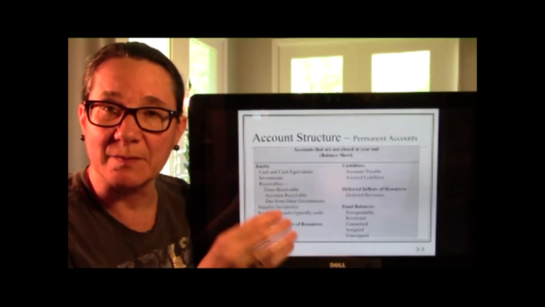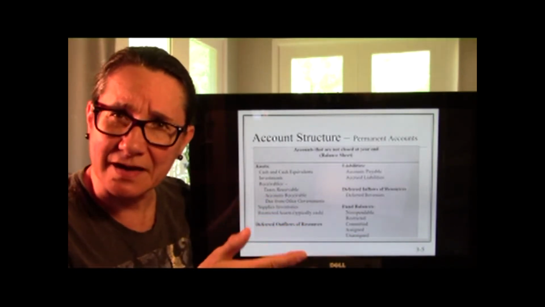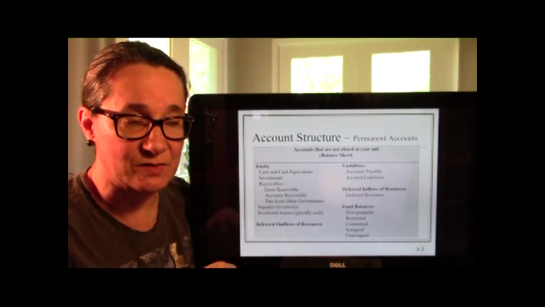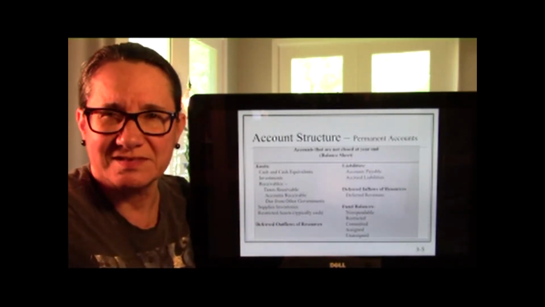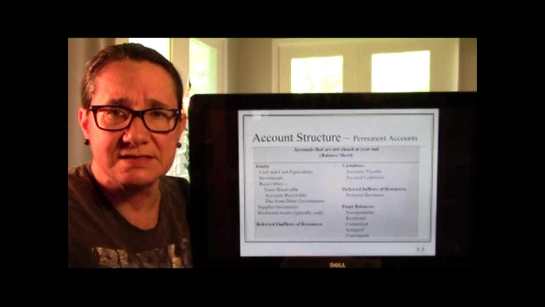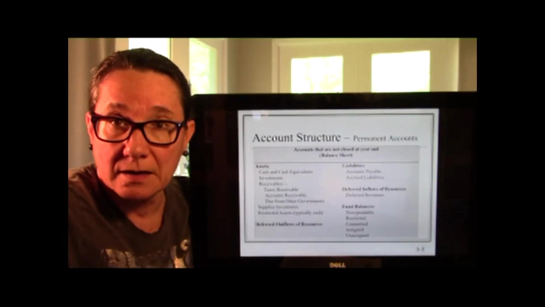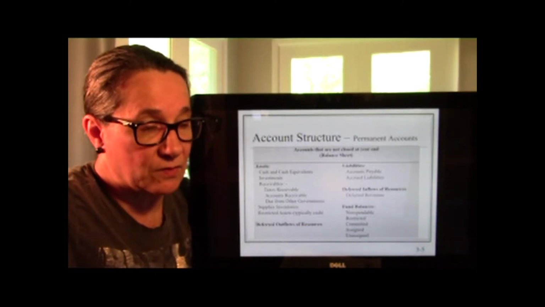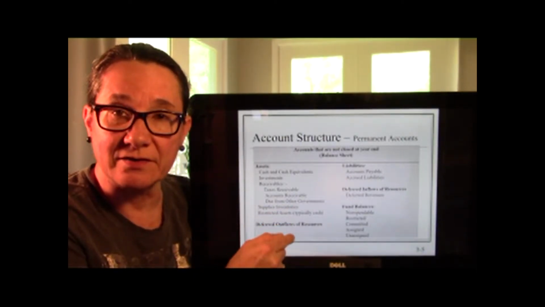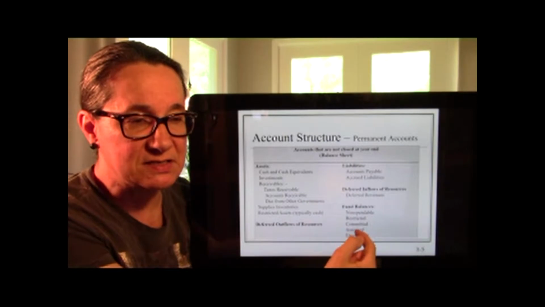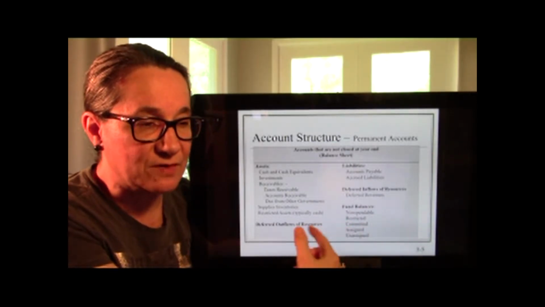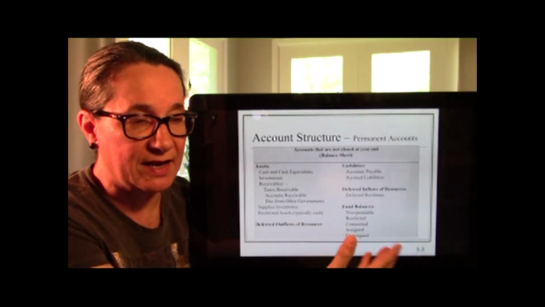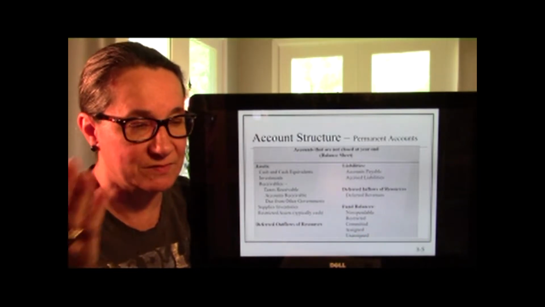Expenditures, yes, they're going to happen, but they haven't happened. So we've declared that, so they're deferred. The word means the same thing it does in accounting. It's deferred, it's going to happen later. So we have that as an interesting category. We've got some resources that are going to come later, like taxes, and some outflows of resources that we're going to pay later, and inflows like taxes, deferred revenues, typically taxes.